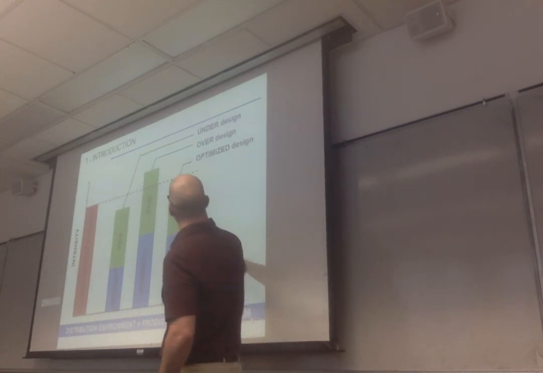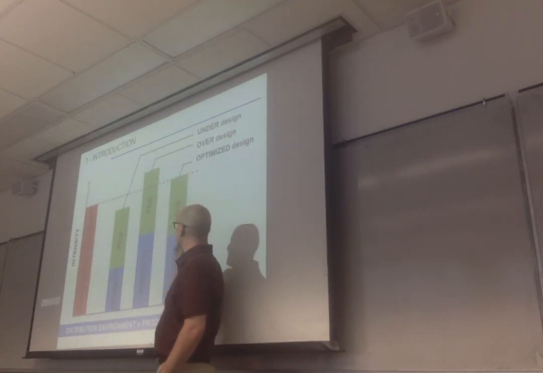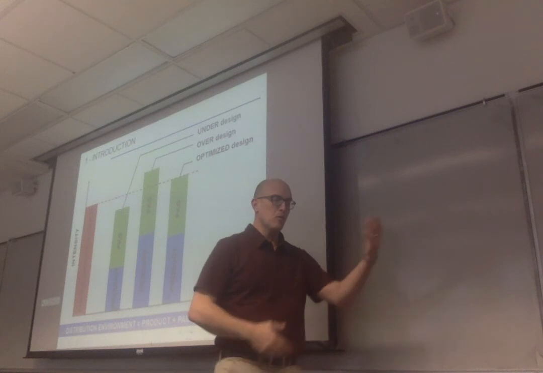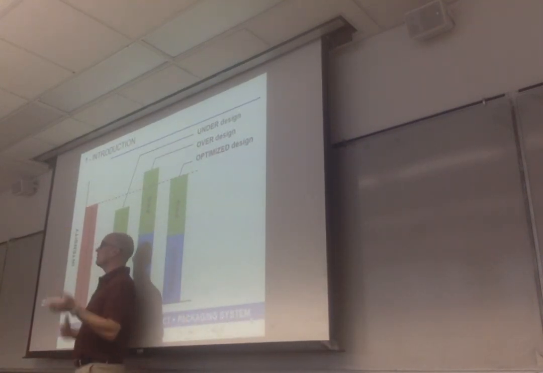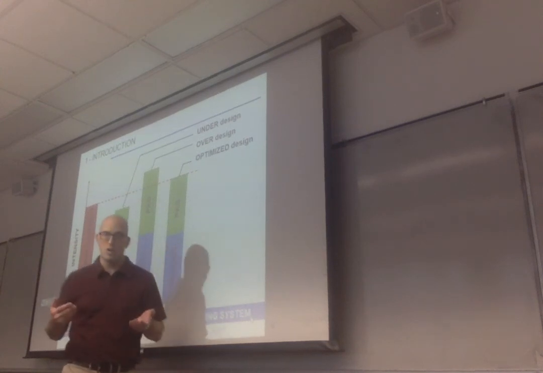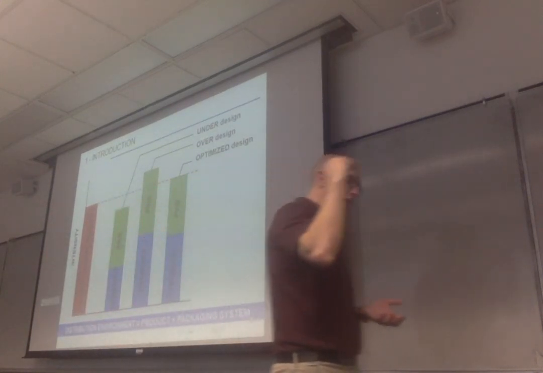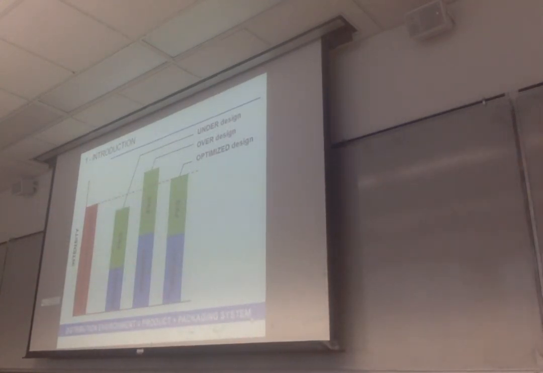So the ideal is really to get an optimized design. There will be variation in those hazards, you need to understand this. It can be higher and lower, but the idea is to be right at the threshold where you're going to have some damage that you're going to be able to live with, that makes sense and is rational for the operation.